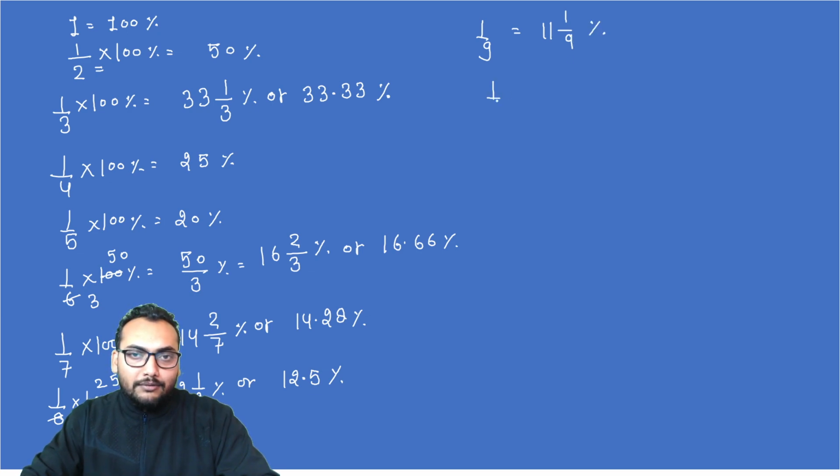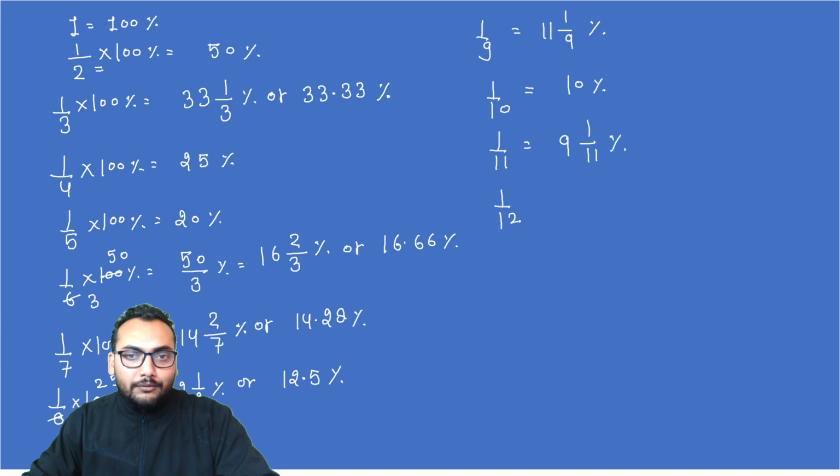Okay, and 1 by 10, this is I think very easy now. So 1 by 10 can be written as 10%. In the same way, 1 by 11 can be written as 9 whole 1 by 11%. And in the same way, 1 by 12 can be written as 8 whole 1 by 3%.